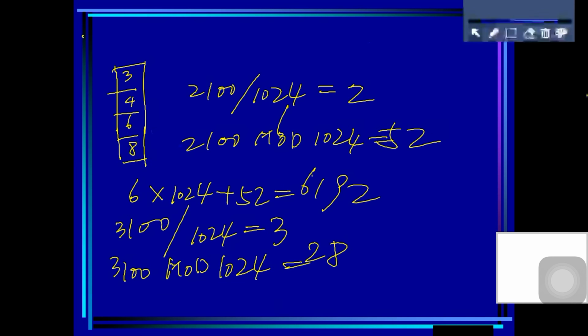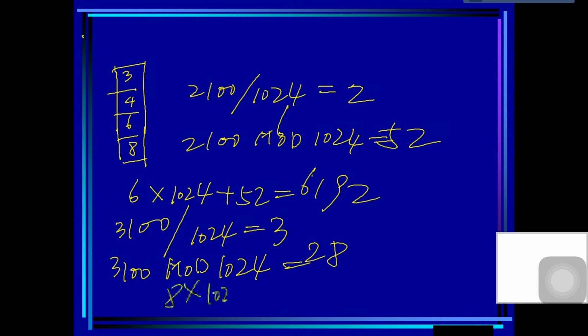Then we multiply 8 by the page size. We get the starting address for frame page 8, and we add the offset.